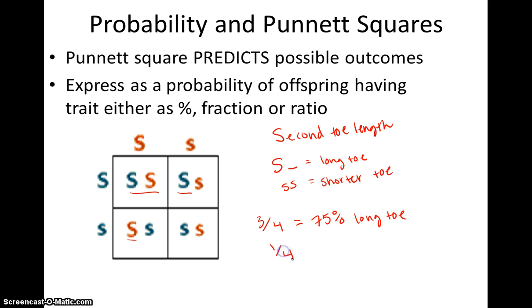One out of the four have two short ones, so there's a 25% chance that they'll have a short toe. I do want to point out here that this is a cross between two heterozygotes, and you always get this kind of pattern where you have a ratio of 3 of the dominant trait to 1 of the recessive. Okay, that's always going to be the pattern.